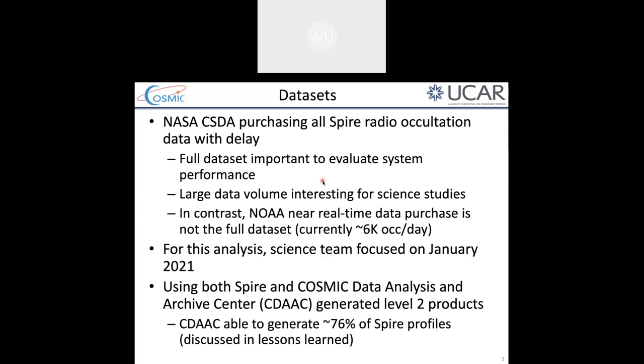And just to point out, we're only able to retrieve about 76% of the profiles that they provided. That's mainly due to not having all the precise orbit data. That's the main reason for that.